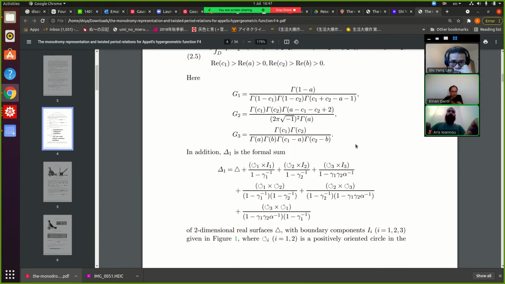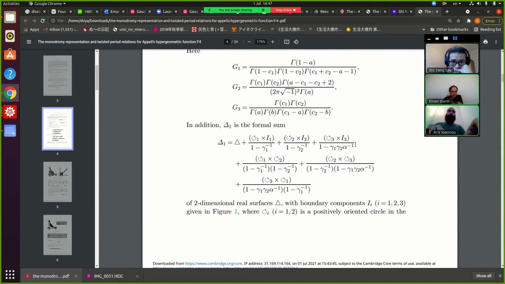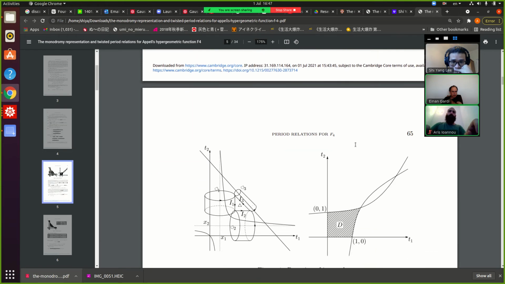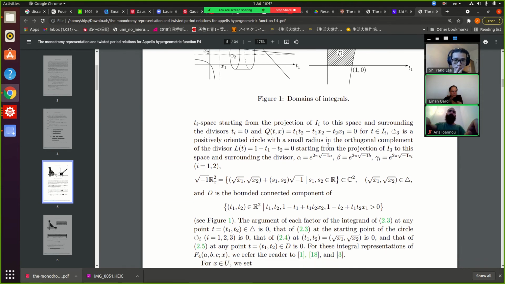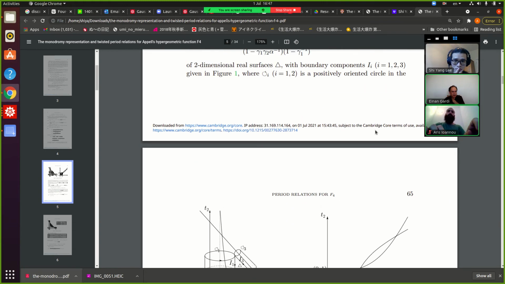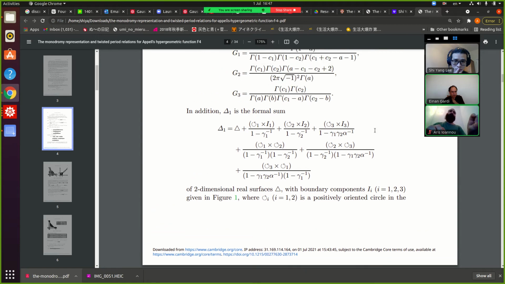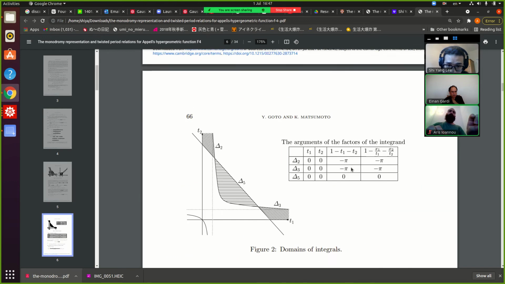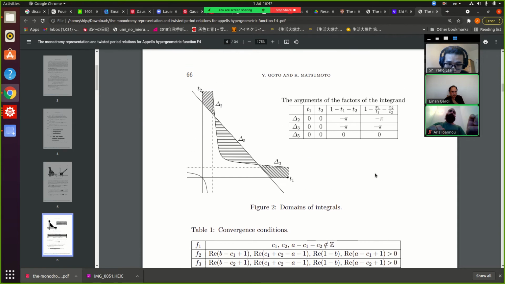Delta 1. So if we look at the deltas, if we look in figure 2, I think that figures 1 and 2 define the domains of integration.